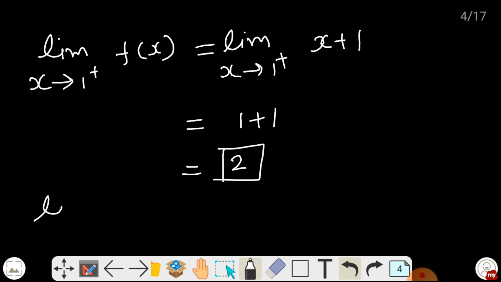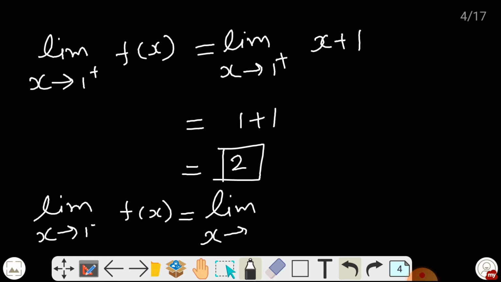So we can write: limit x tends to 1 minus f of x is equal to limit x tends to 1 plus f of x, which is equal to f of 1.